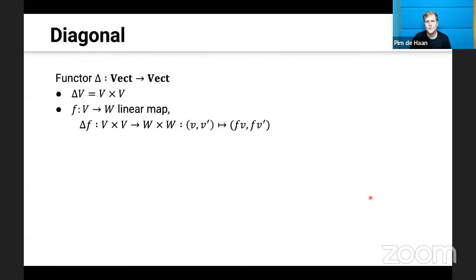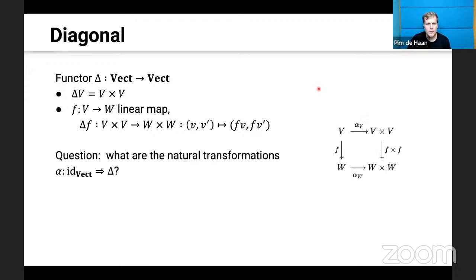To give another example, we can make a functor from vector spaces to vector spaces, and it maps a vector space to the product of the vector space with itself, and it maps a linear map to the linear map applied to the two copies individually. And a natural transformation now would be a linear map for each vector space V, from V to the product of V with V, satisfying this commuting diagram.